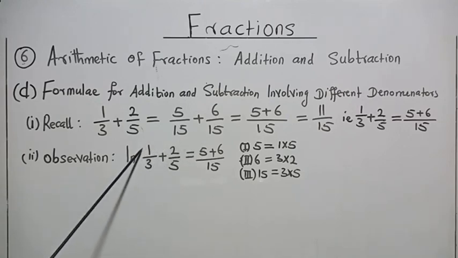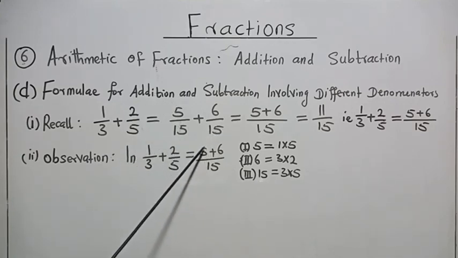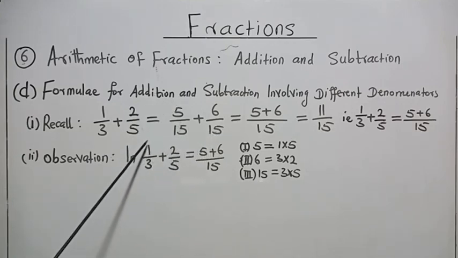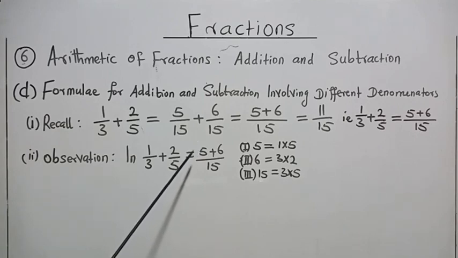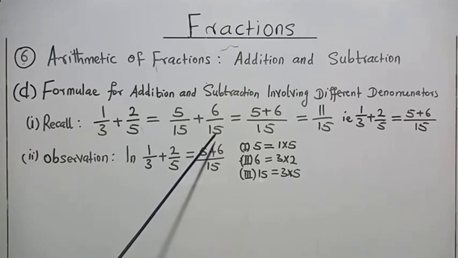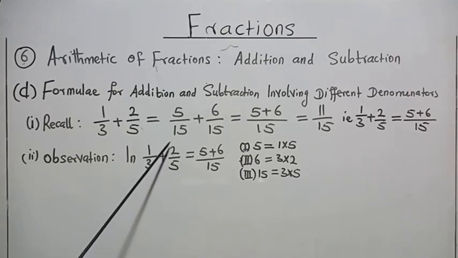If you watch this number operation, it is as if this 5 here was gotten by saying 1 times 5. That is, this times this became this. What about this 6? It is as if this was gotten by saying 3 times 2.